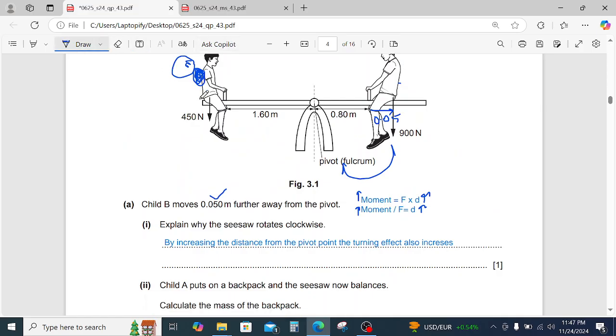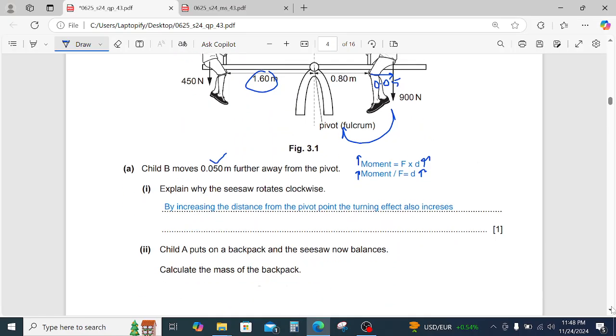First, the distance is 1.6 meter. It will remain the same for the bag and this one. The weight of that is 450 Newton, and the weight of that mass we have to add.